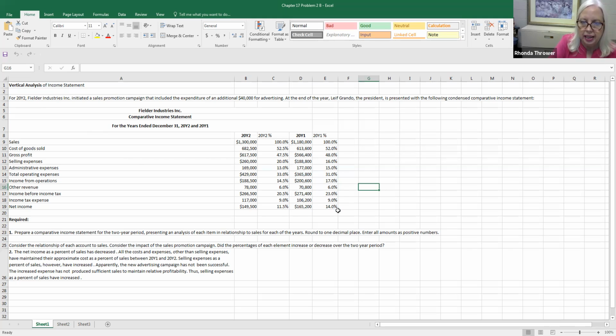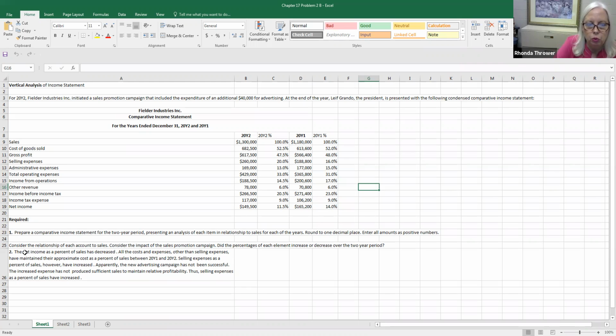If we look at the net income for 2001, you can see for vertical analysis, we get 14%. For 2002, it's 11.5%. So you can see that we went down from 2001 to 2002. You might want to analyze further to see why this happens.